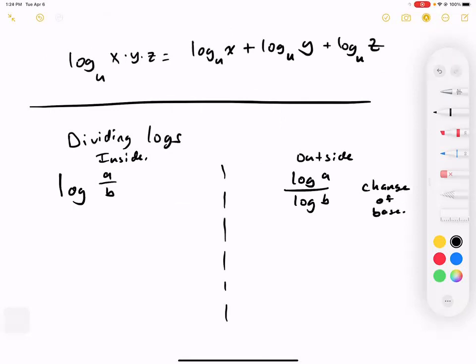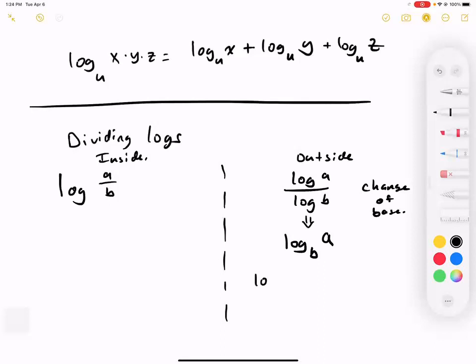That's why logs can be confusing, because we're learning a couple of new rules of this new language of solving for exponents. We're not dealing with exponents, we're solving for them, and we have to learn a new way of writing these. So this is change of base: log base b of a.